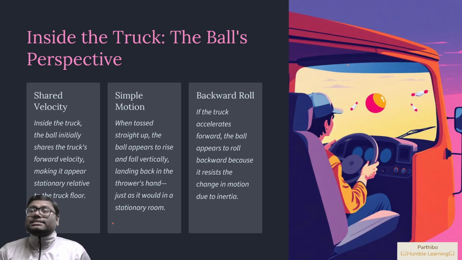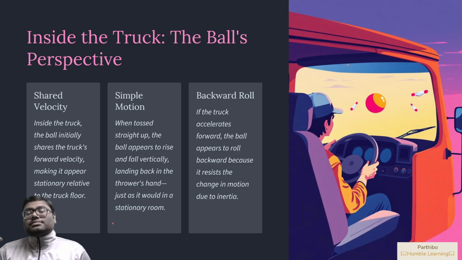So sudden acceleration means there is an external force, and the ball tries to resist the influence of that external force. So the ball remains where it is, or the ball tries to maintain its velocity according to Newton's first law.